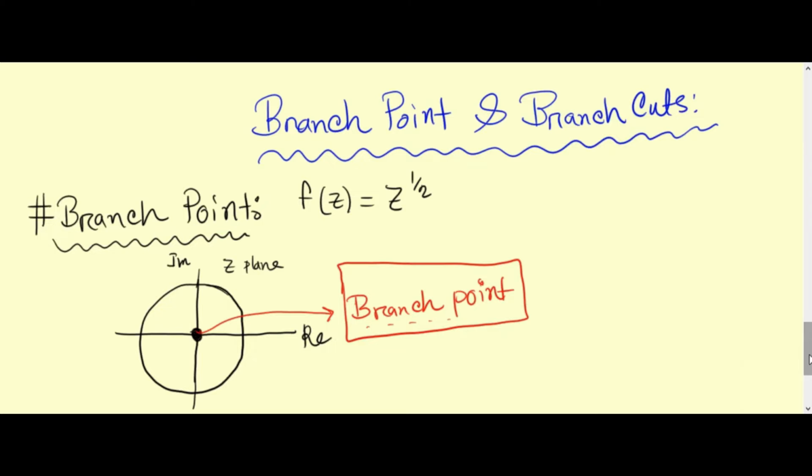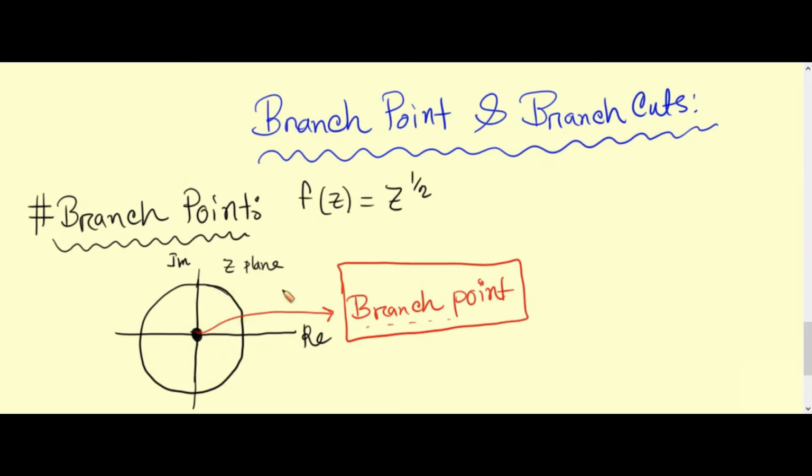We were getting two values that repeat themselves. So this point 0 over here, we called it a branch point, and this branch point is responsible for our multi-valuedness, that is, you are enclosing it, and that's why we were getting our multi-valued function.